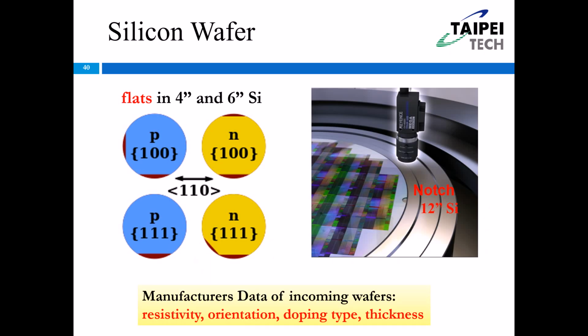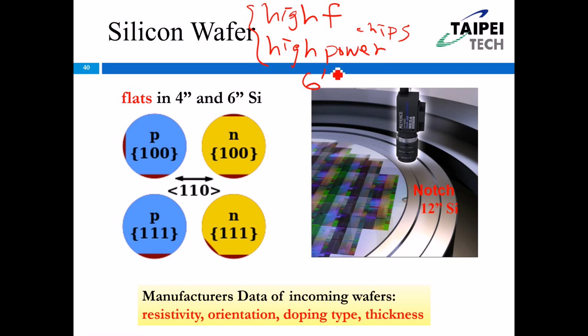And I need to show you, for the high frequency or high power chip, we will use right now 6-inch and 8-inch wafers, or maybe 4, 6, 8-inch wafers, or like I say, gallium arsenide, silicon carbide, and gallium nitride, okay?